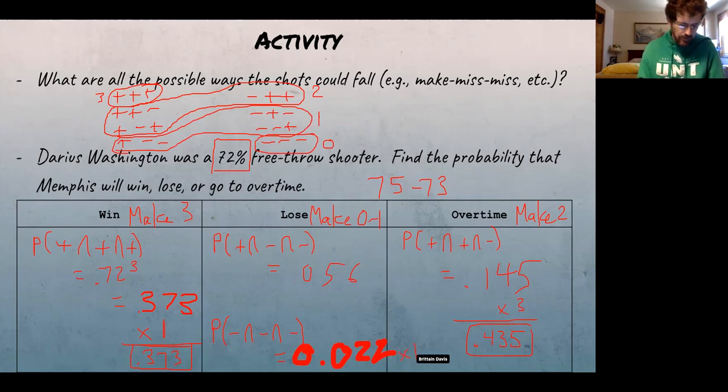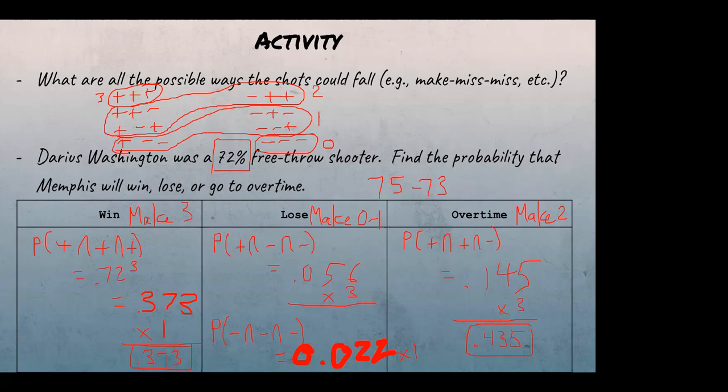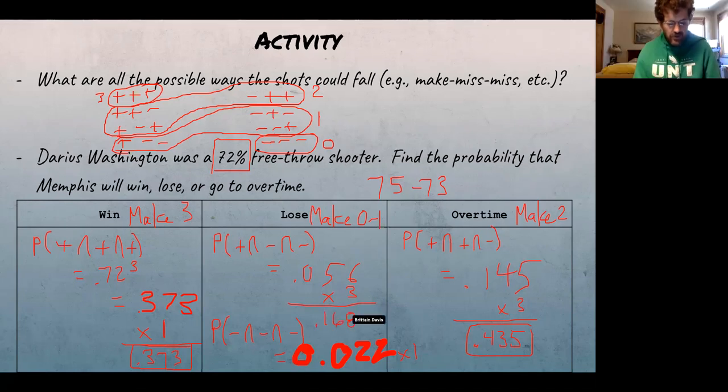But for the probability of 1 make, we need to multiply by 3. All right, so 0.056 times 3 is what? 0.168. There it is. Okay, and these are also mutually exclusive.